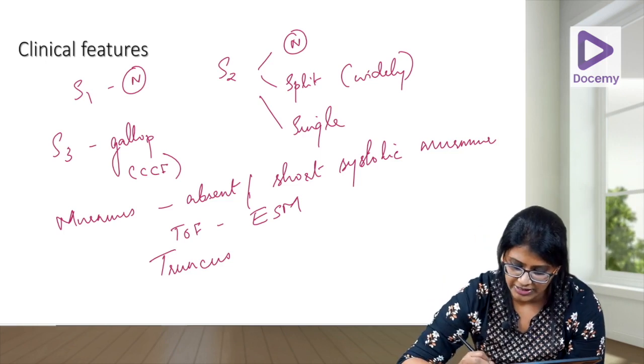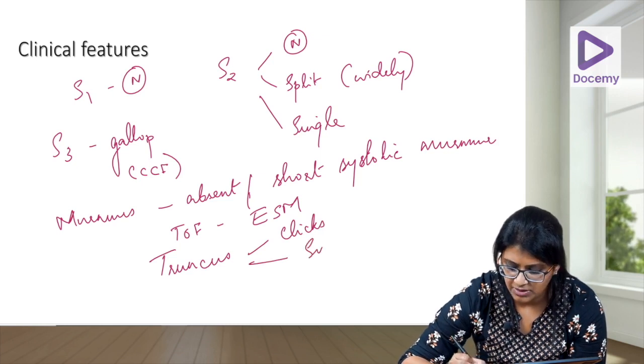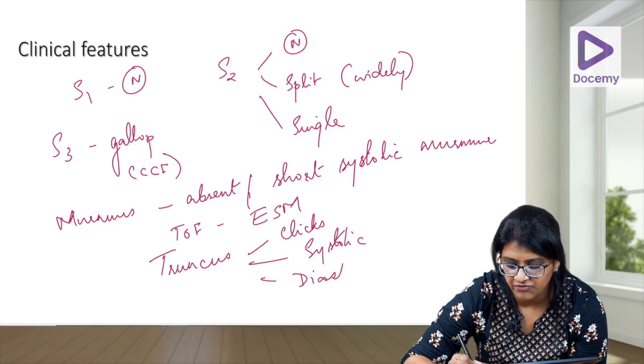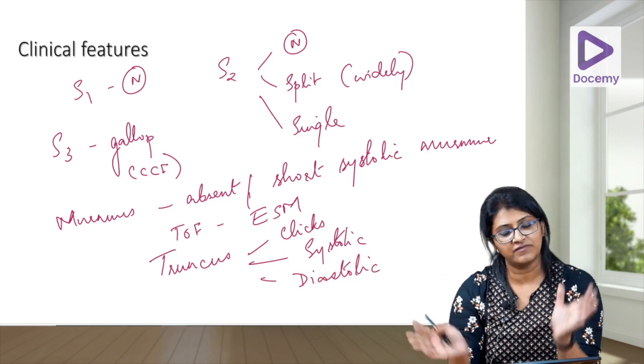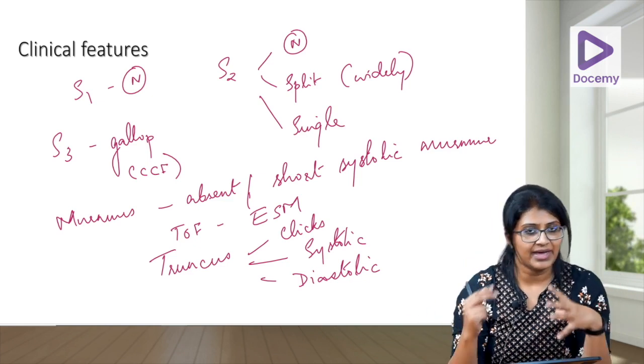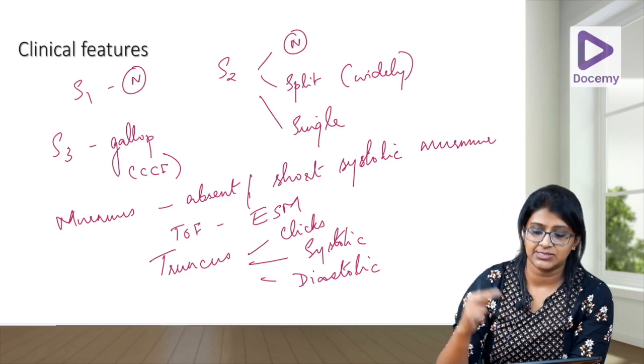So in a truncus you can get lots of clicks, systolic murmurs, and diastolic murmurs, which are because of regurgitation. Truncus is basically one loud murmur with barely audible heart sounds because the murmur is so loud, and you can hear lots of clicks.